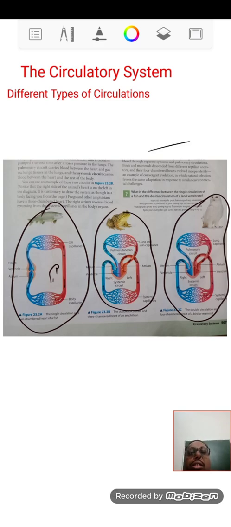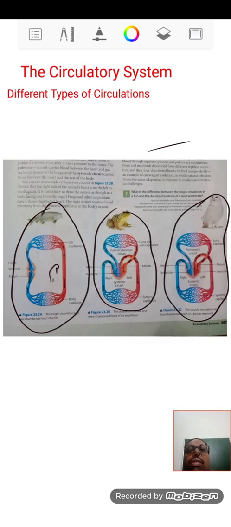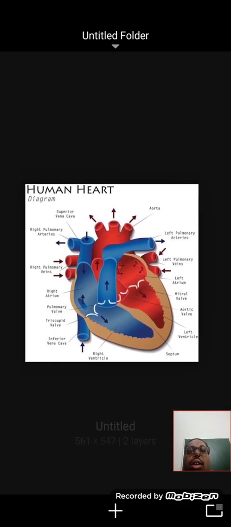Now we are going to discuss the structure of the human heart. That means how the four chambered heart helps us to do the circulation in our body.